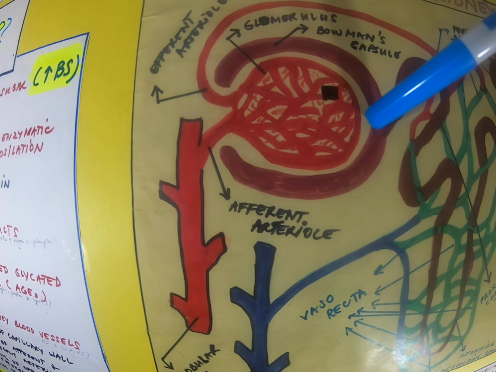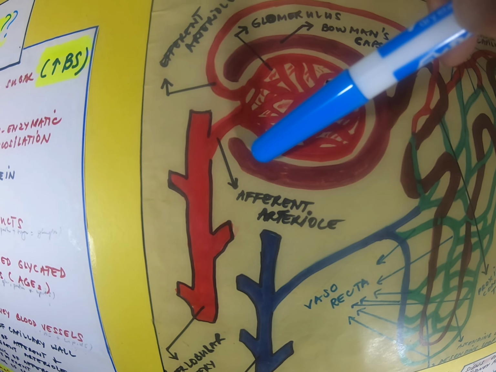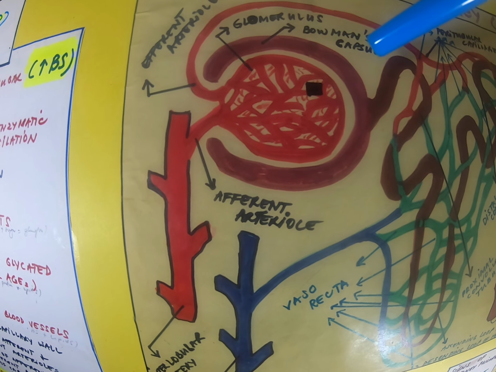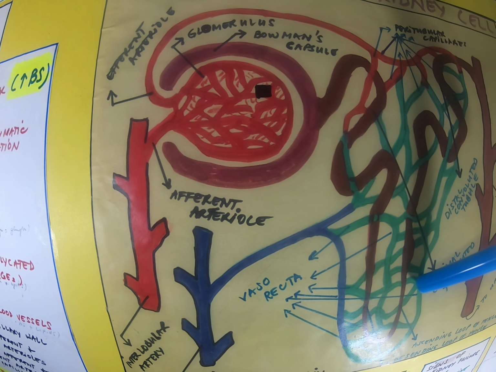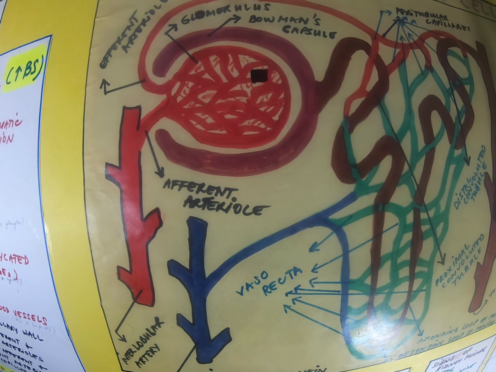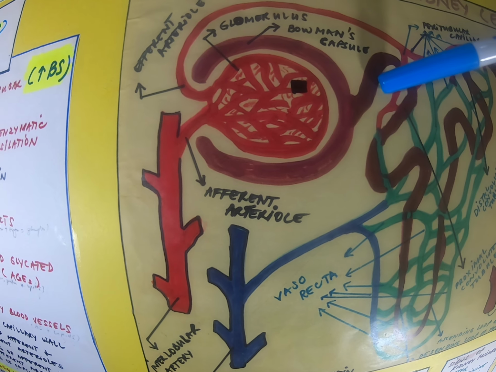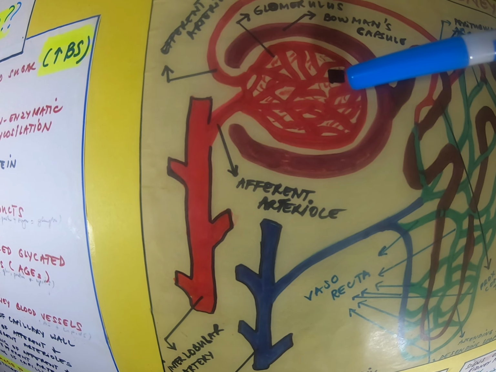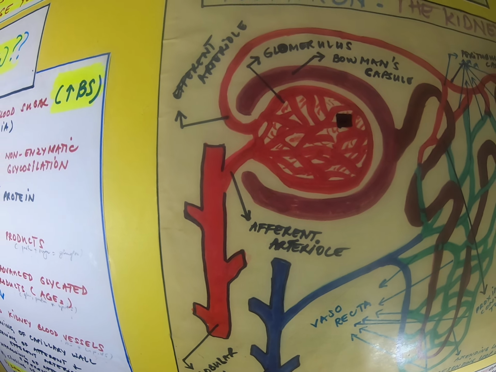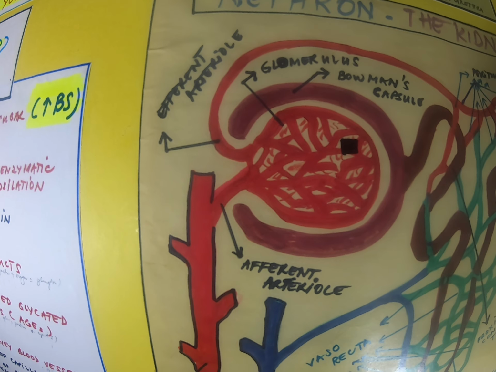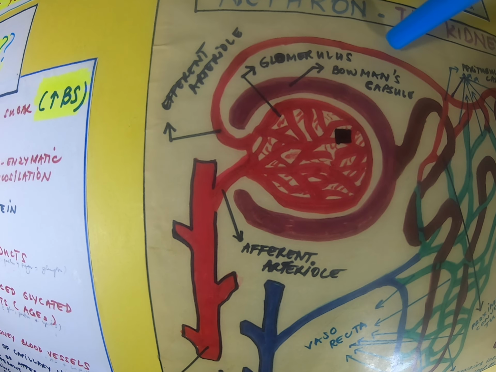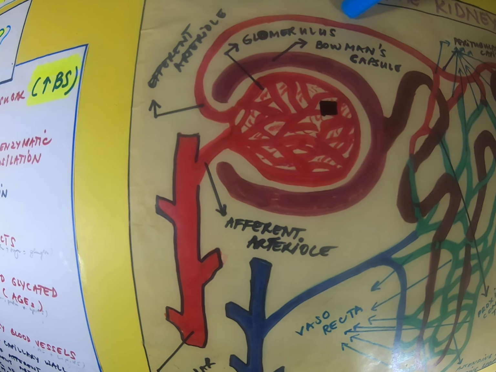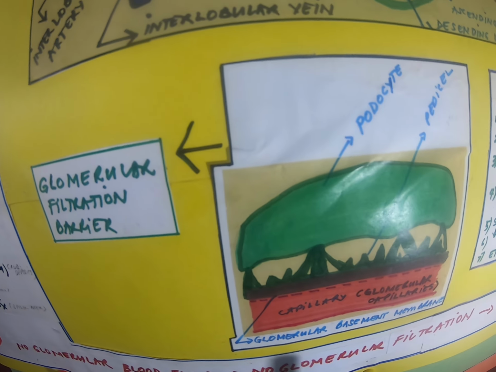And the pressure in the Bowman's space will be higher. There's another reason why the Bowman's hydrostatic pressure will increase: if there is tubular obstruction or urinary tract obstruction, that will increase the hydrostatic pressure in the Bowman's space and defeat our hydrostatic pressure. Other conditions that will drop our hydrostatic pressure are low blood pressure, low cardiac output, and poor permeability of these capillaries.